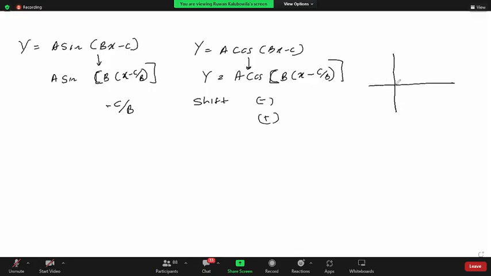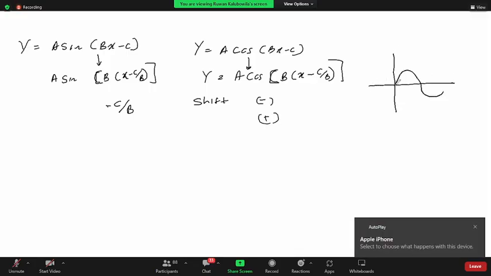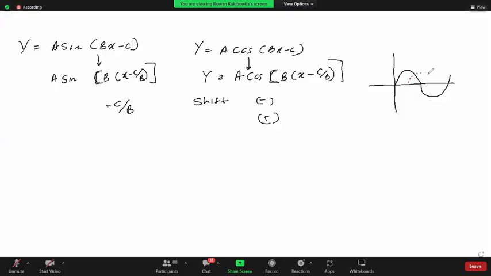So if we have an original, for example, sine curve here, if this one shifts to this end, that means we call this a negative shift. If this one shifts to this end, we call it a positive shift.